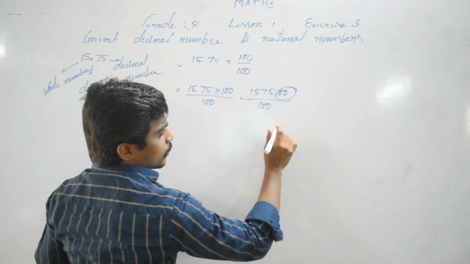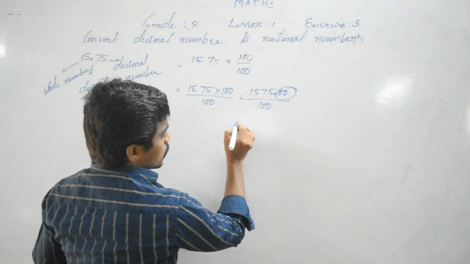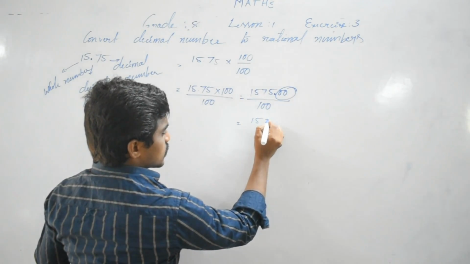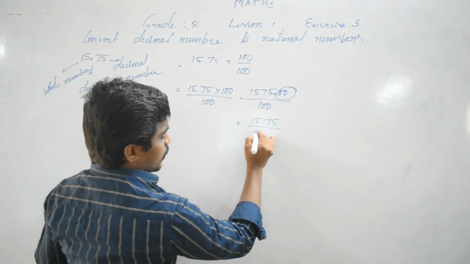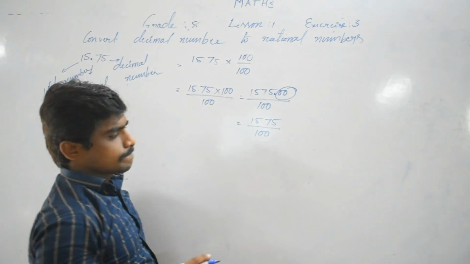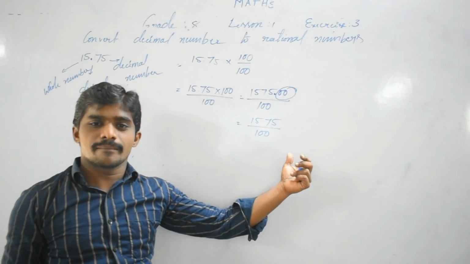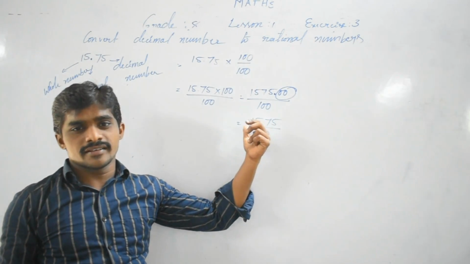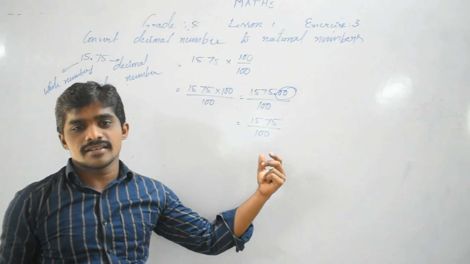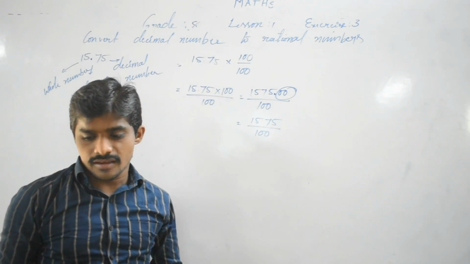Zeros after the point have no value. So 1575 by 100. So this is a rational number. 1575 by 100 is one rational number.